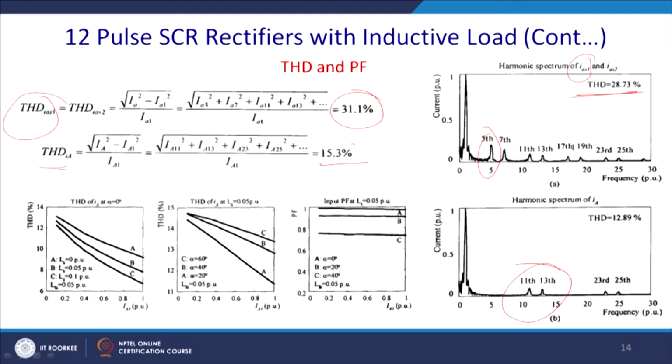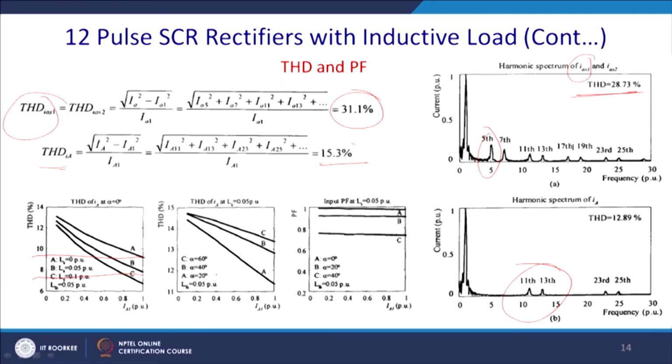With the same treatment for alpha equal to 0, you can find that THD is close to 8 to 9% for 0 source inductance, but in practical cases with a 5% source inductance, it will be close to 7%. If you increase the alpha triggering angle, you can see that THD generally increases.